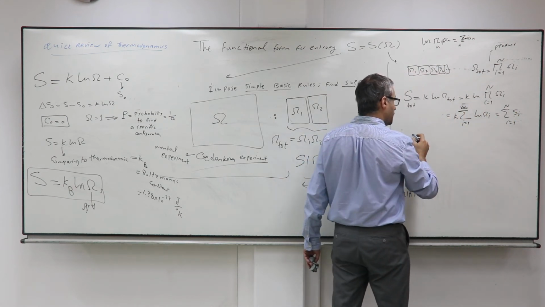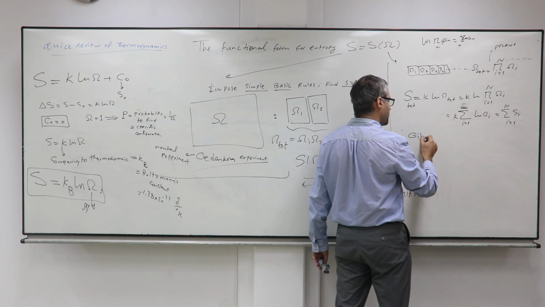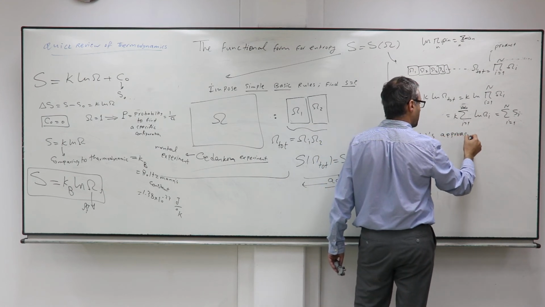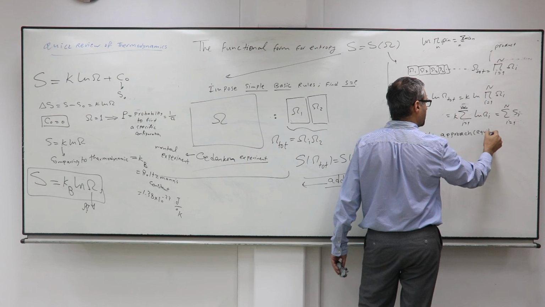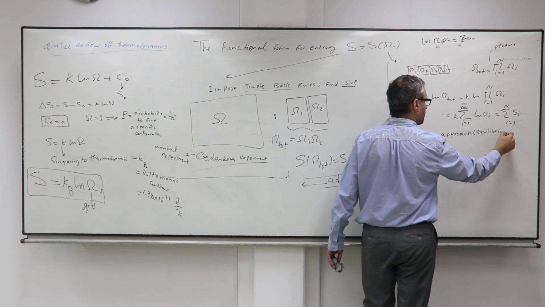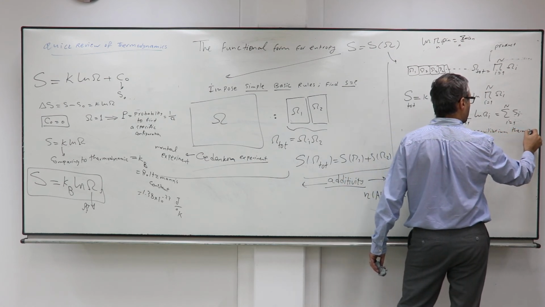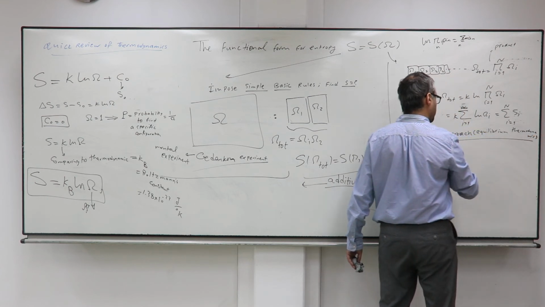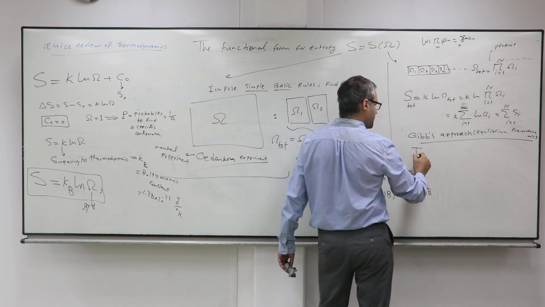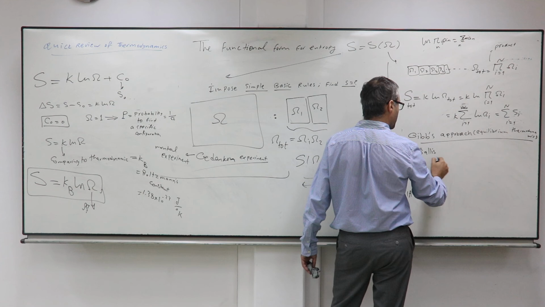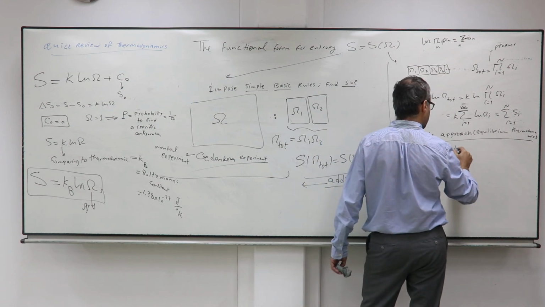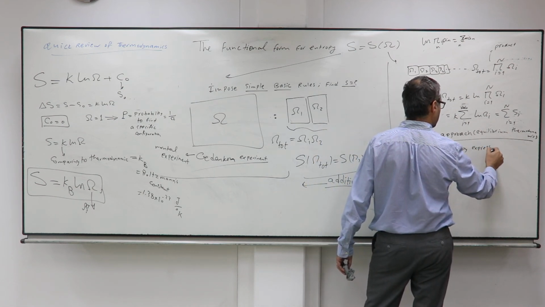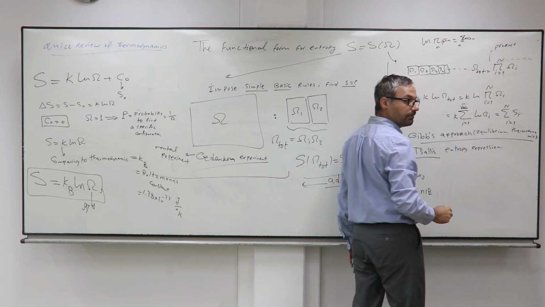I told you, this whole approach is the Gibbs approach, equilibrium thermodynamics. There are some systems that obey different things, like the Tsallis entropy expression. They are not additive, actually.